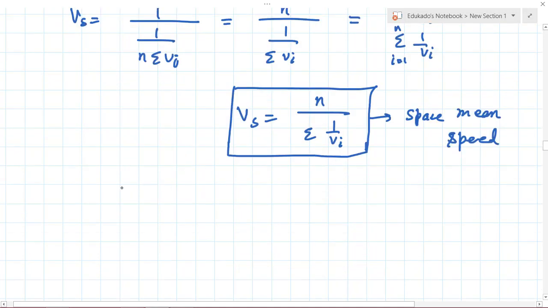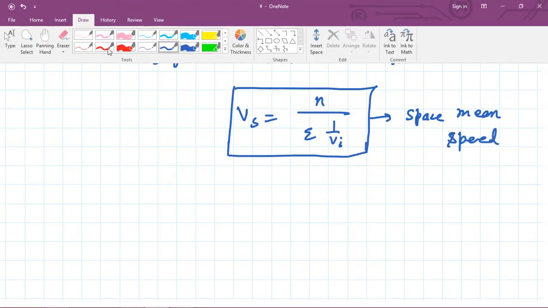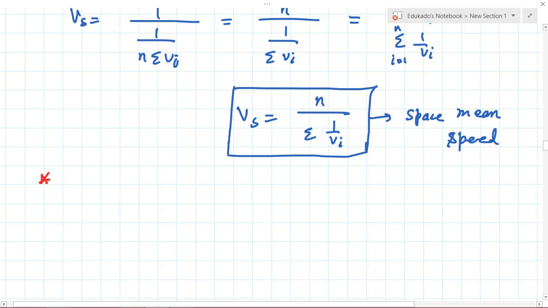Some of the key points that we should know for our computation are: the space mean speed, Vs, is always less than or equal to the time mean speed, Vt.